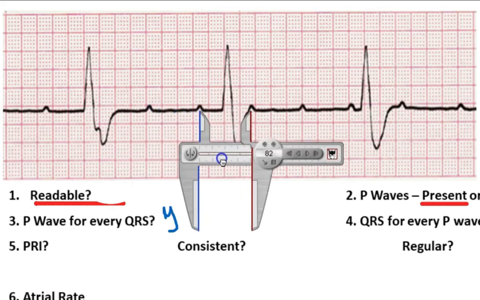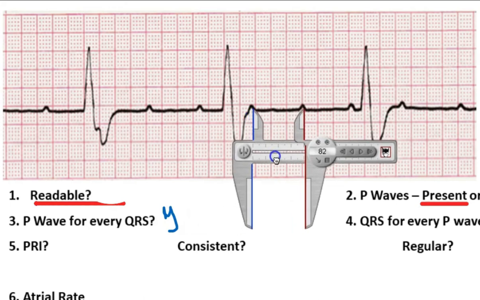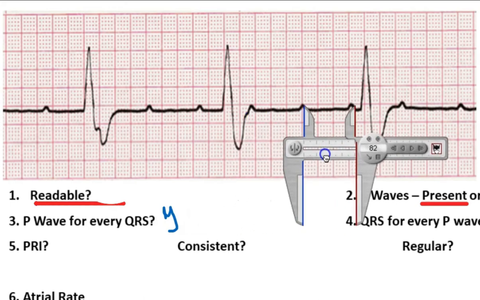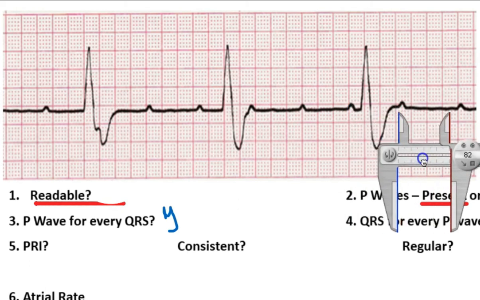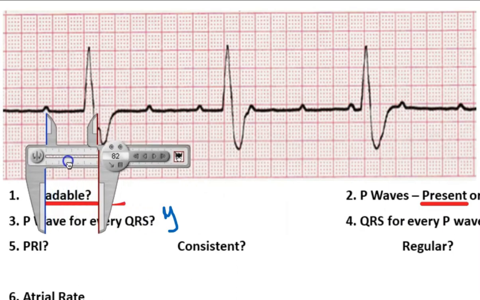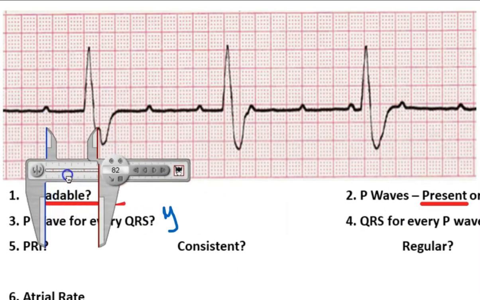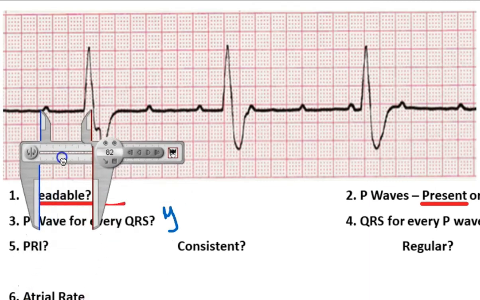I can go forward, and I notice that they are tracking, and it's pretty evident right here that these appear to be regular. And if I come back here, look at this, this is actually a P wave. So I have P waves, and I notice that it is regular, so I can answer this question right here: are my P waves regular?